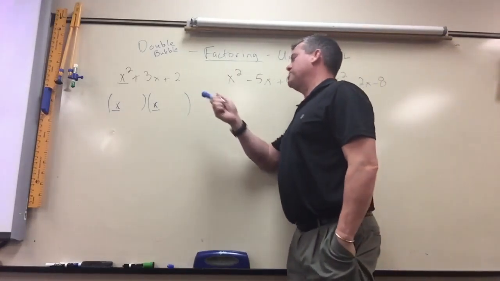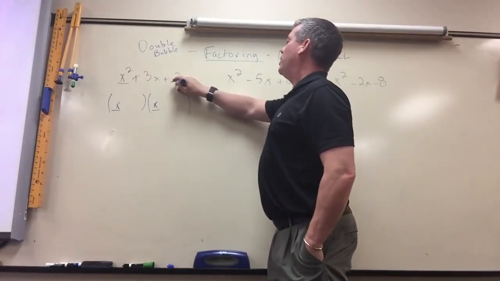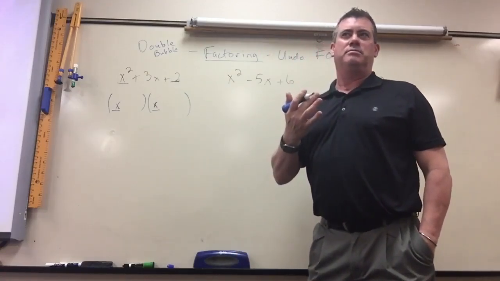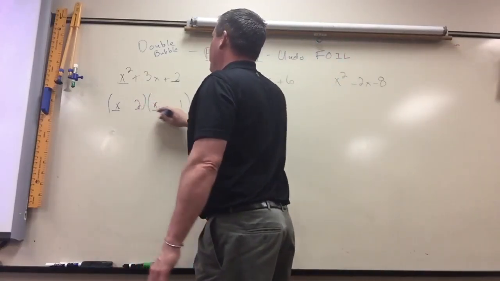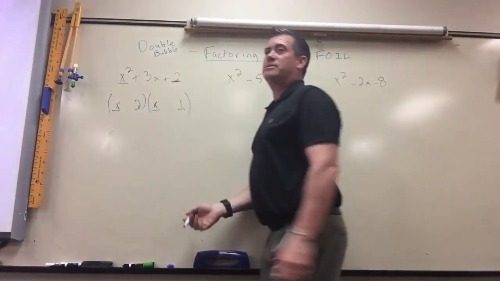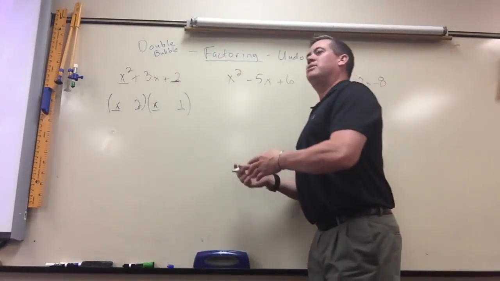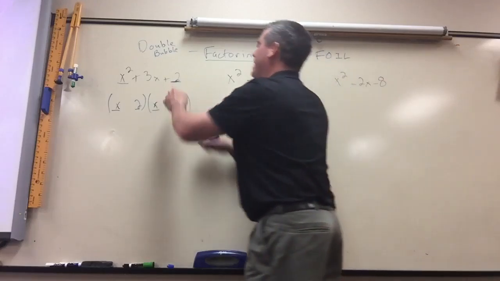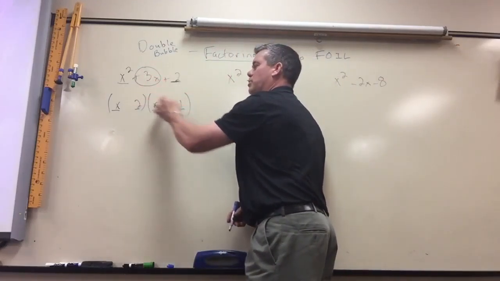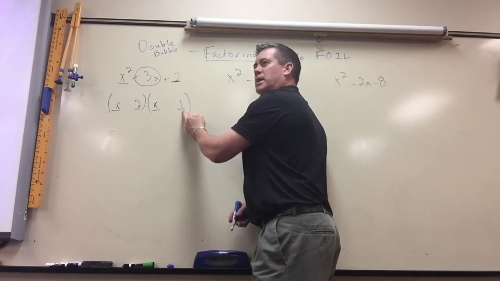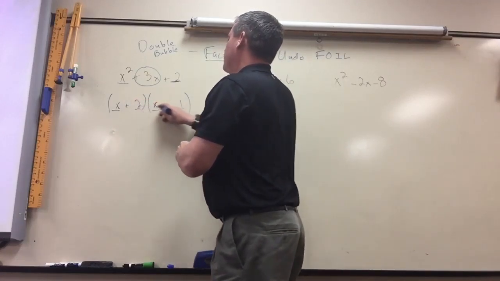And then this is an easy one, because what's the only way to get a 2 multiplying? 2 times 1. And it's always the last times the last equals the last. So then what you have to figure out is the signs. I have to end up with 3x. The only way to get a 3 out of a 2 and a 1 is to add them. So it's got to be plus and plus.